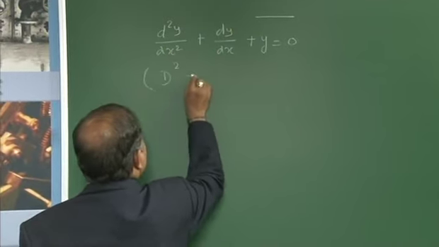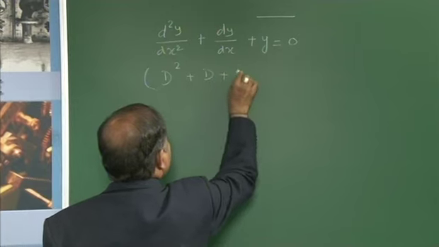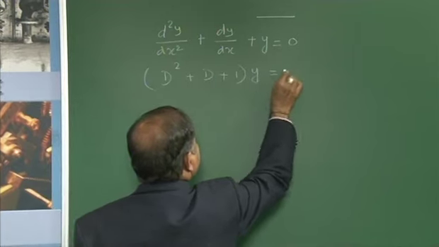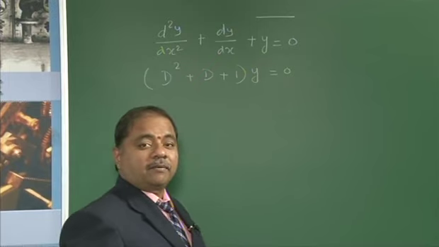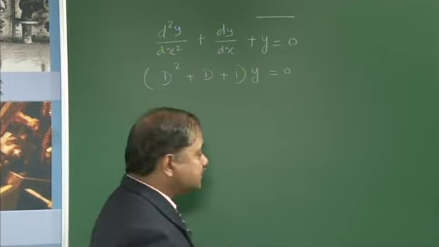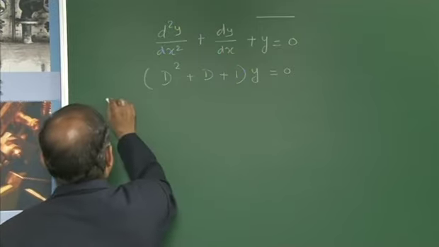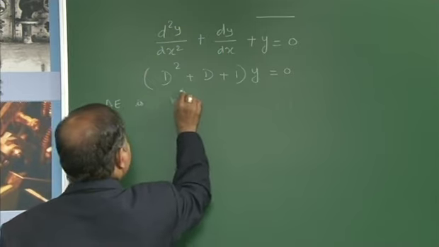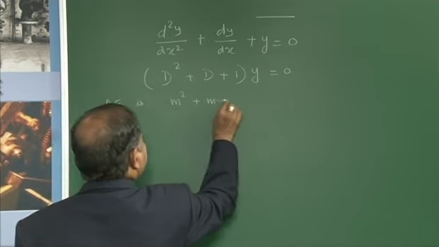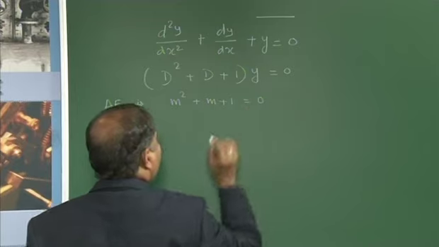D square plus D plus 1 into y is equal to 0, where capital D is the differential operator d by dx. These things we have seen. AE, the auxiliary equation, is m square plus m plus 1 is equal to 0.